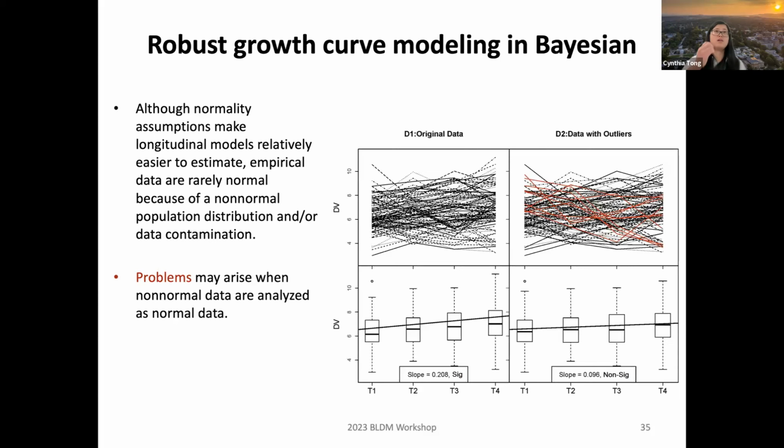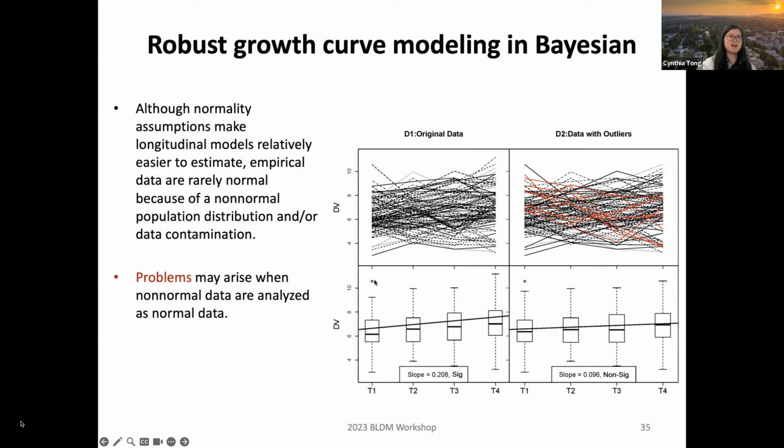For example, here's simulated data from a growth curve model. On the left panel, we simulated 200 subject scores at 4 time points, from T1 to T4. These are the growth trajectories of the simulated data, and these are the box plots of the data.